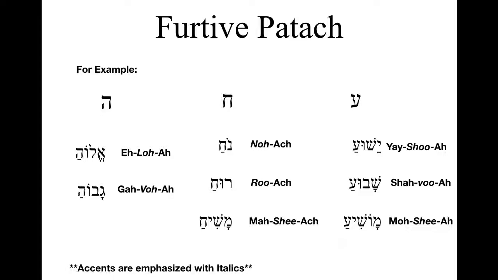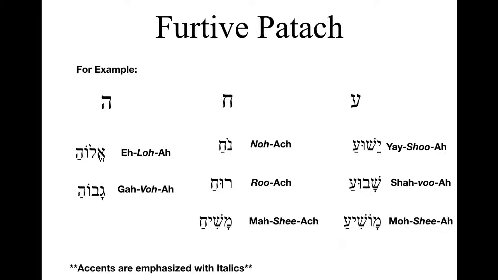And this is not Aloha, but Eloah. You can see that the syllable right before that last syllable is emphasized. That's where the accent is placed. And we also have the Hebrew word gavoah.